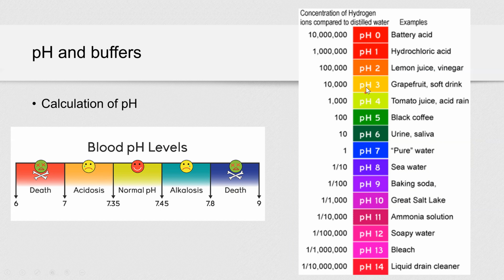So here we have a pH scale. You see the pure water is pH 7, right? And then we have urine and saliva. So we go to the acidic side and we go to the alkaline side here. But look at this side.